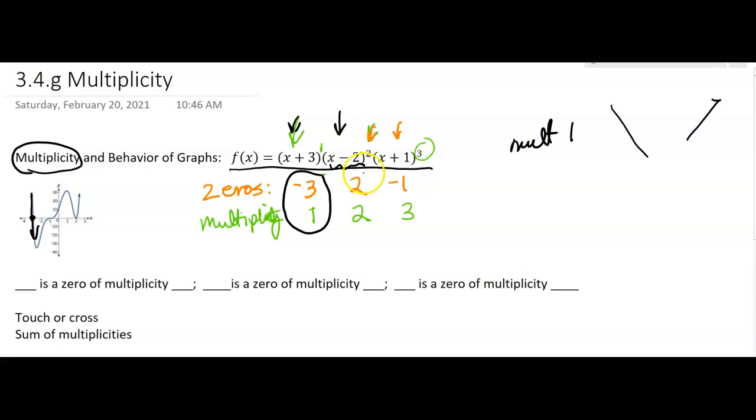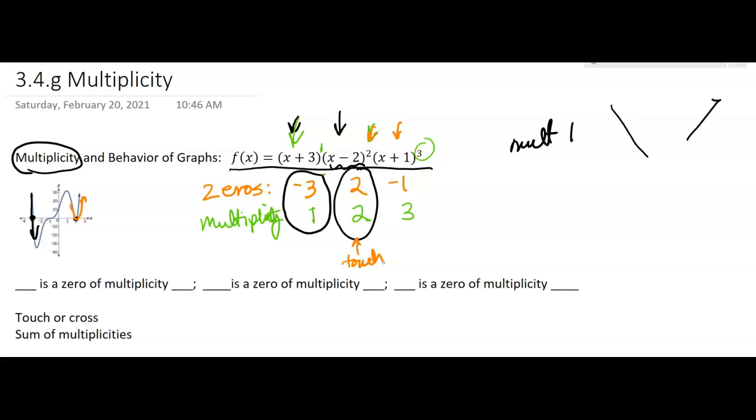When we have another zero at 2, that's over here. Notice that the graph is coming down, and it's bouncing off the x-axis. I like the term bounce, but sometimes they'll say touch. So when that happens, if it's 2, it's going to touch. And actually, if it's any even multiplicity, it's going to touch.